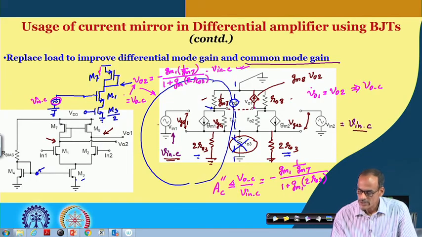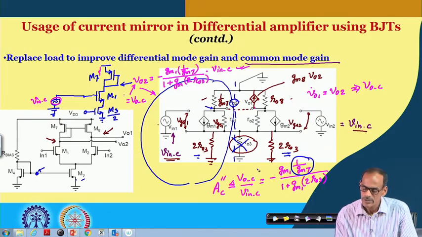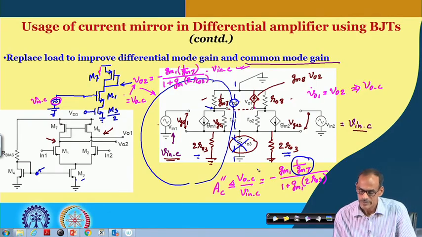Now, again you can see here, because the resistance now is getting changed to 1 by Gm7, this AC is much smaller than the previous common mode gain.